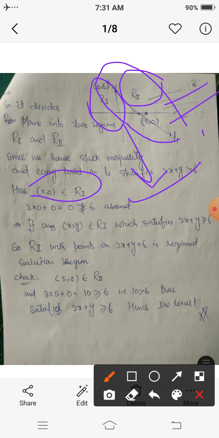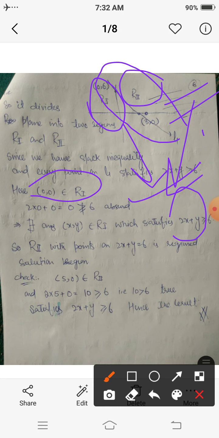The solutions of 2x plus y equals 6 are all the points which lie on the line. Also we proved above that points in R2 satisfy the inequality, which implies that every point in region R2 and on the line 2x plus y equals 6 satisfies the inequality 2x plus y greater than or equal to 6.